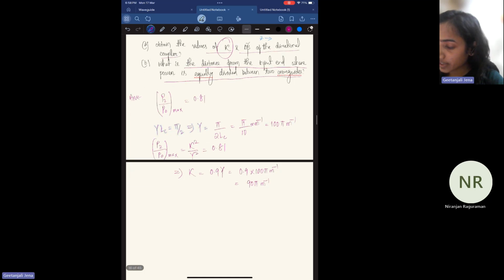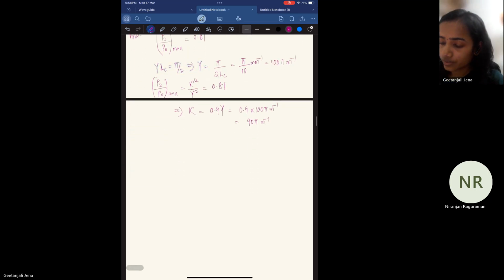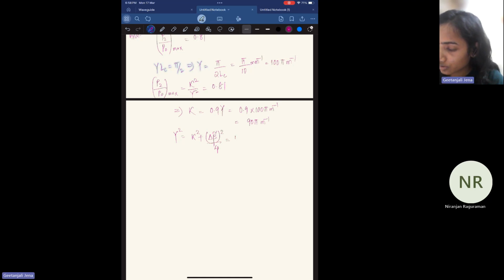And delta beta is easy to calculate from gamma. Gamma square is kappa square plus delta beta square by 4.